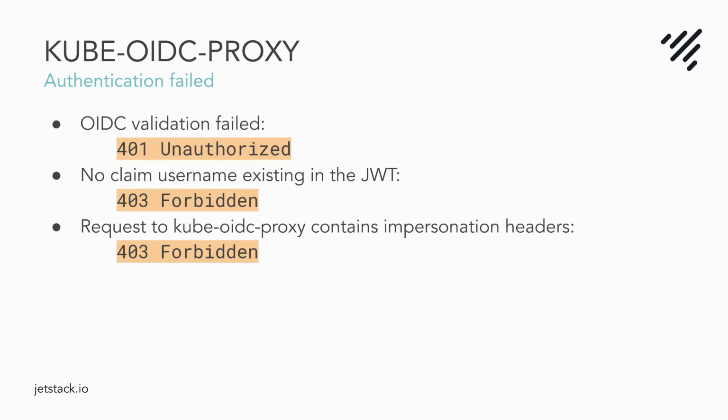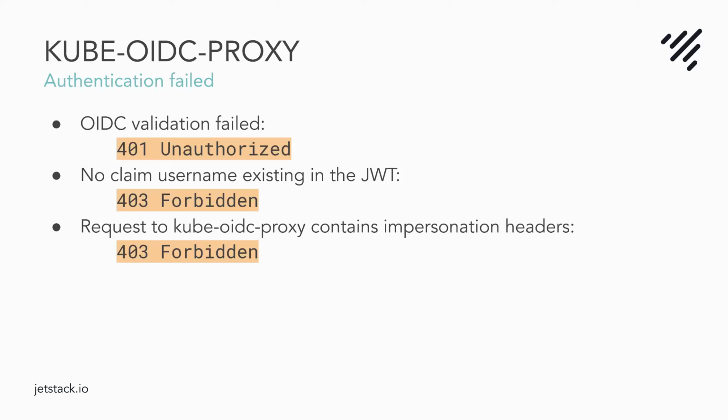Another point to note: if the OIDC validation fails, KUBE-OIDC-PROXY will obviously return a 401. But other trip-ups: if the token we try to request with doesn't have a username that KUBE-OIDC-PROXY can use to impersonate, then we'll return a 403.